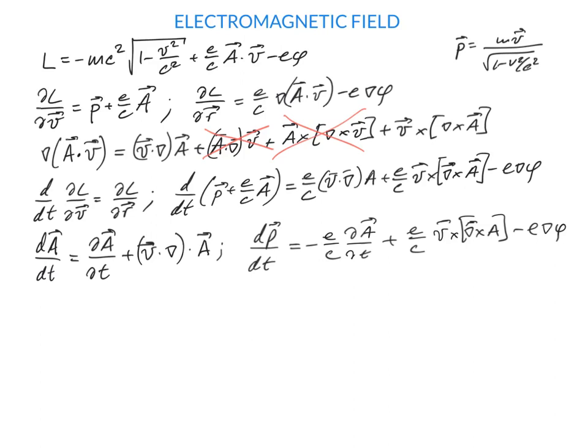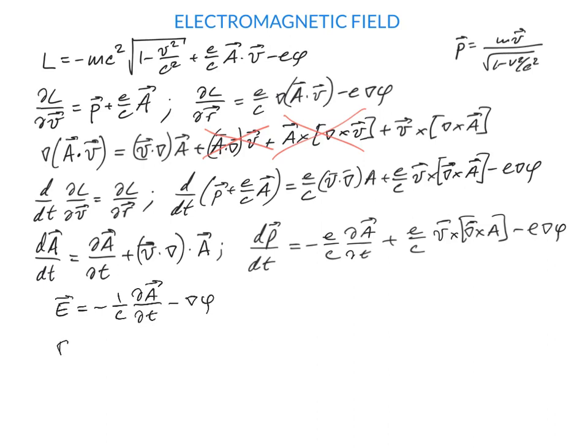So it is easy to recognize this form as the Lorentz force with the electric and magnetic fields that can be written as E equals minus 1 over c dA by dt minus del phi.